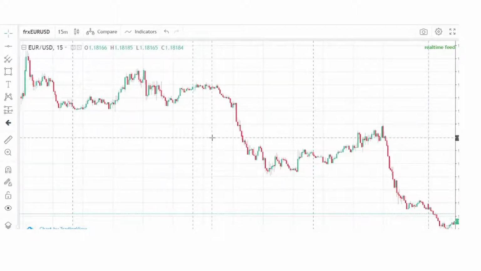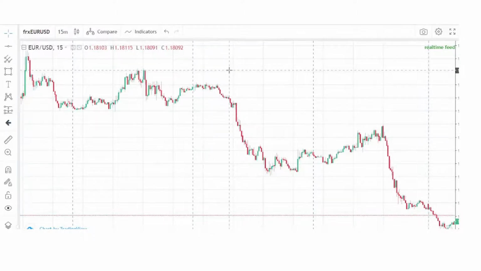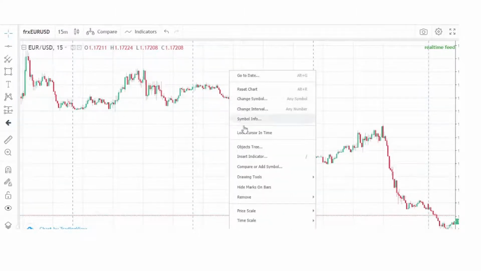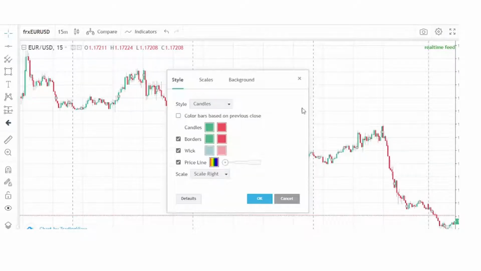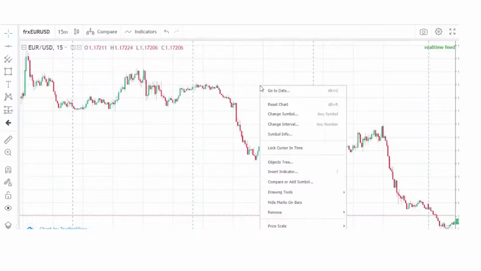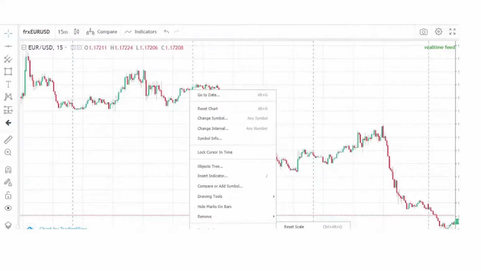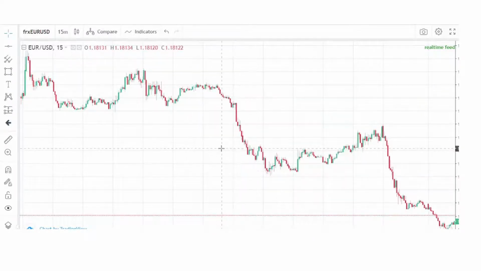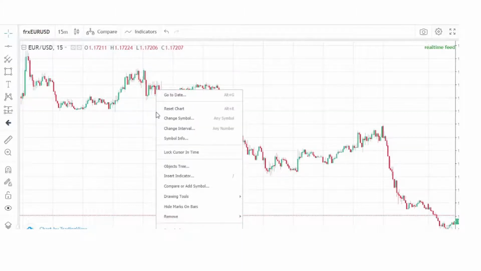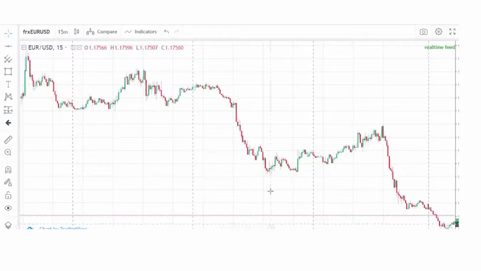Okay, so when you go to your charts, if you're on TradingView, you simply right click, you go to time scale, and you go to session breaks.